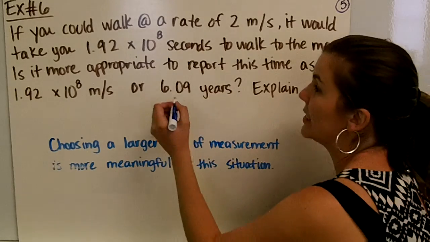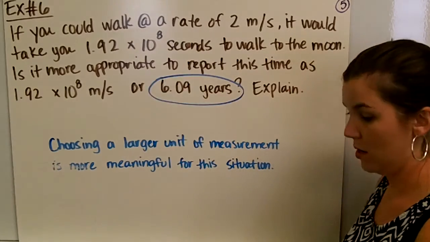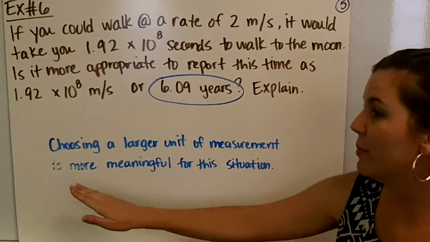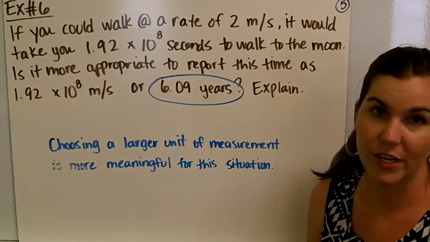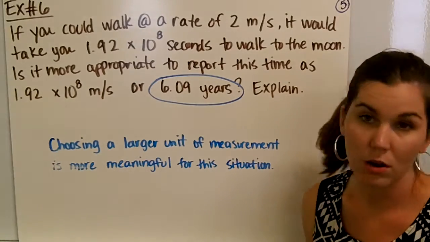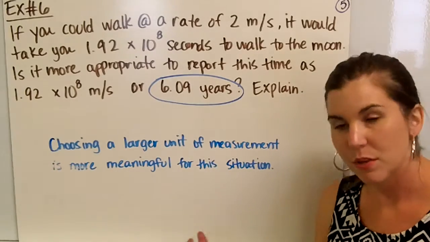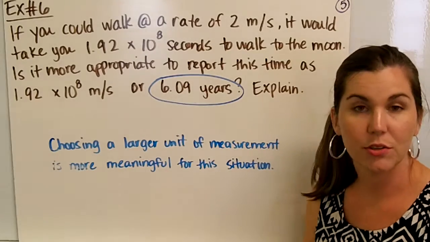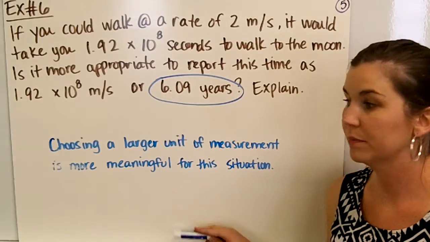Well, 6.09 years would be more meaningful because you're going to choose a larger unit of measurement for the situation. You wouldn't represent your time walking to the moon in seconds, you would do it in years. It would make more sense. But you don't always choose the larger unit, it just depends on the scenario. So make sure it makes sense.